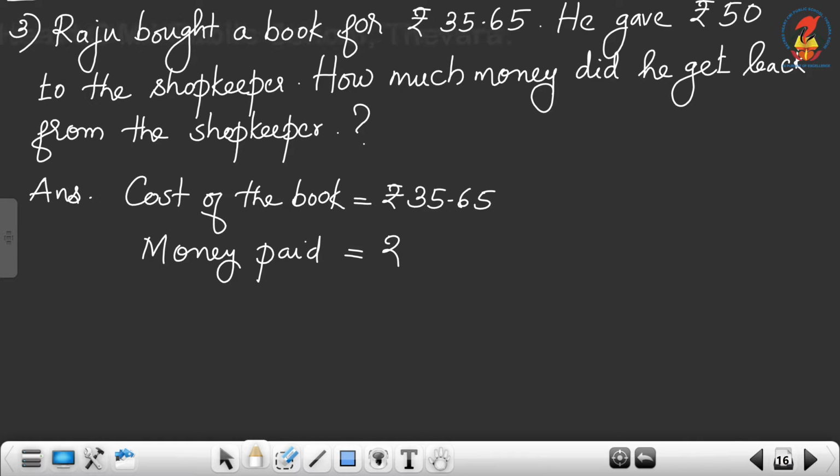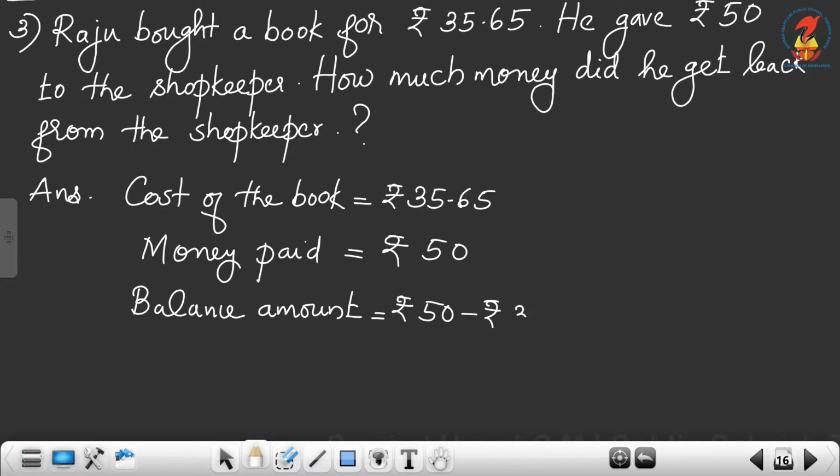Rupees 50. Now how much money did he get back from the shopkeeper? That means you have to find out the balance amount. Therefore balance amount is equal to, from rupees 50 you have to subtract 35.65, that is rupees 50 minus rupees 35.65.